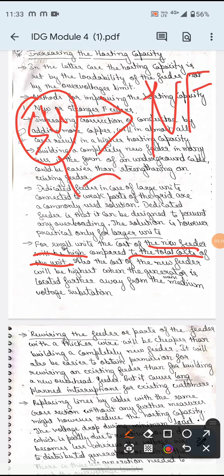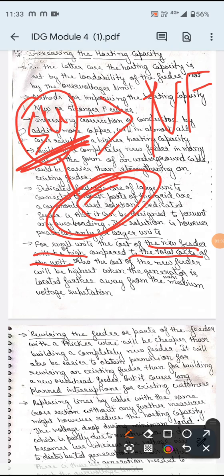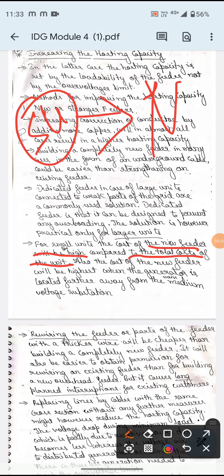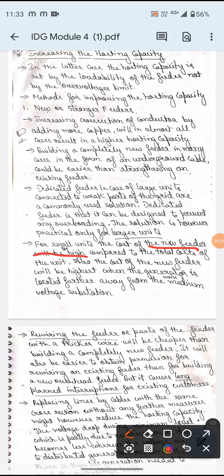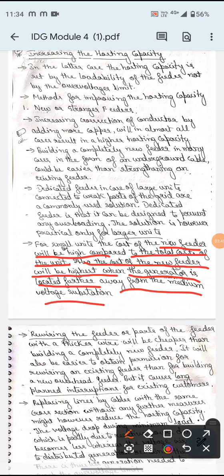It is better to rewire or replace the existing one for a smaller unit, okay. Also, the cost of a new feeder will be highest when the generator is located further away from the medium voltage substation. So somewhere it will be a small unit, okay.